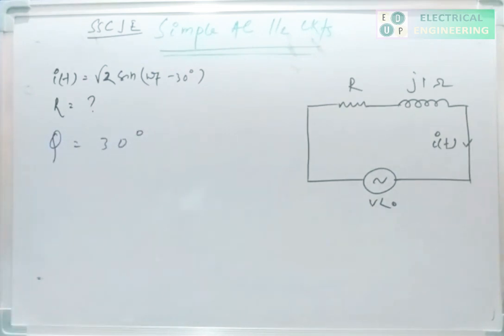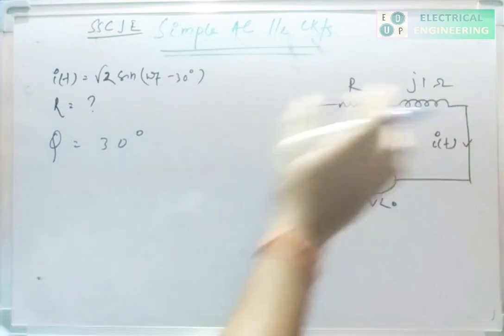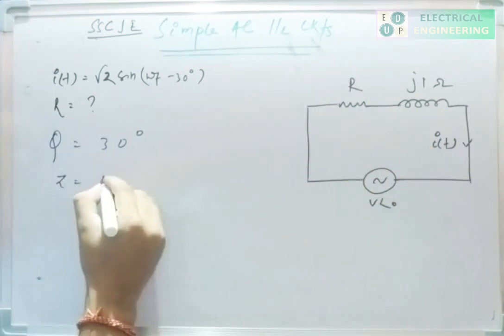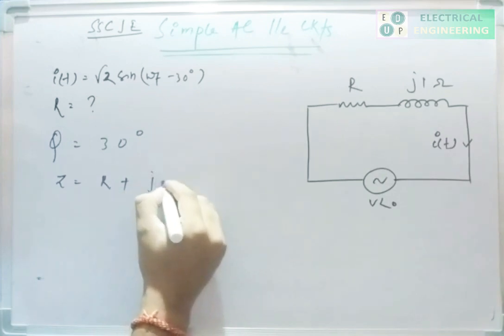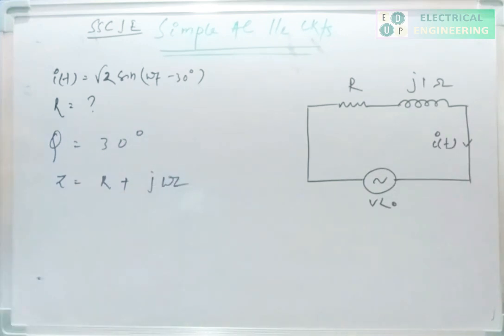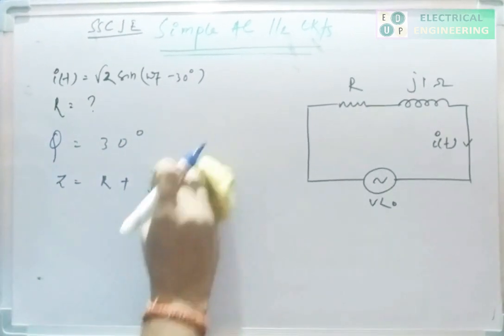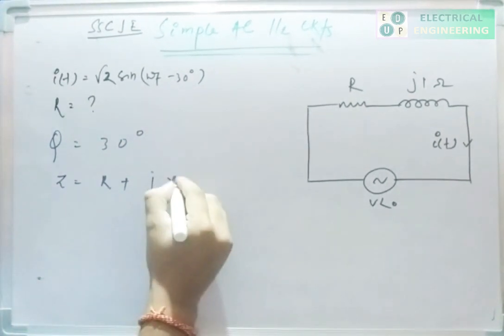And how do we find the phase difference? Using impedance. In this impedance, Z equals R plus j omega L, or I can write it as jXL. Omega L is reactance.